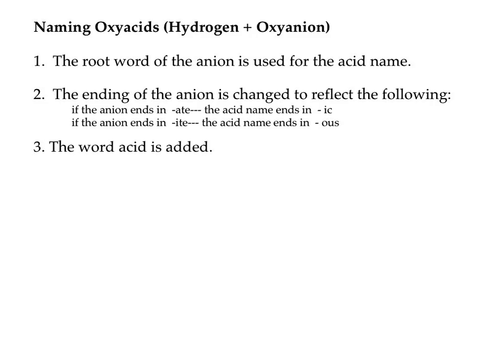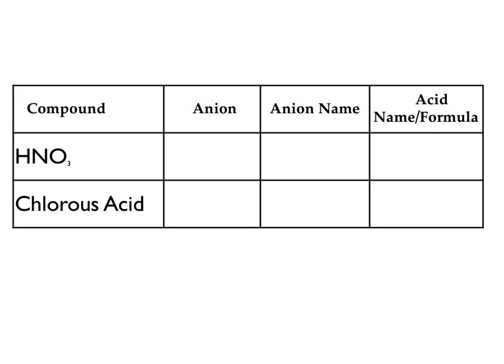So, let's try a couple of examples. HNO3. This is an oxyacid, hydrogen and a negative oxyanion. So look at your polyatomic ion sheet. Which polyatomic ion, which oxyanion are we talking about here?